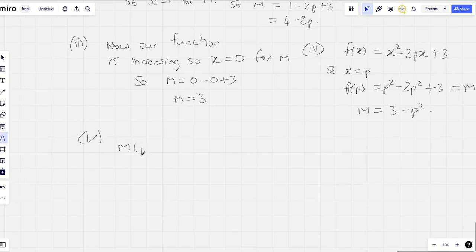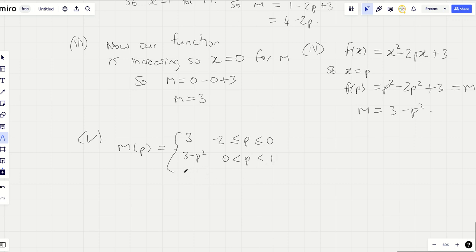So m of p is going to be equal to 3 when minus 2 is less than or equal to p, which is less than or equal to 0. It's going to be equal to 3 minus p squared when 0 is less than p, which is less than or equal to 1.